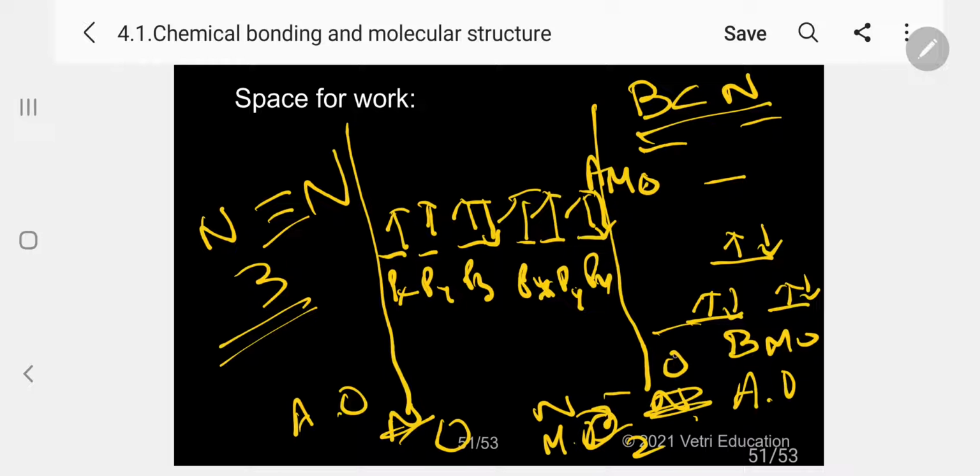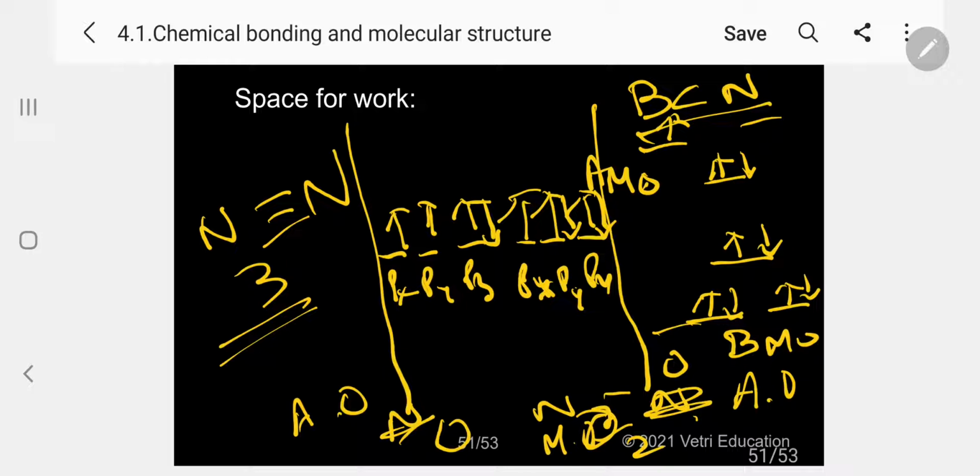In that case one extra electron is there, so 4 plus 5, 9 electrons are present. With 9 electrons, 6 go here, then 7, 8, 9 go like this. So 6 minus 3, that is 3 by 2, 1.5. So the bond order of O2 minus is 1.5.